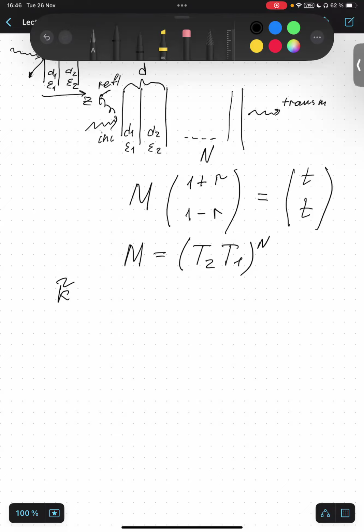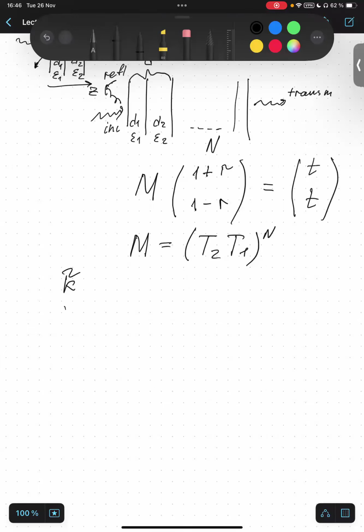So the last part that I want to discuss today is the effective medium approximation. Also an important case, for example, for very small structures. When I say small, I mean that the wavelength of illumination is much greater than the period of the structure.